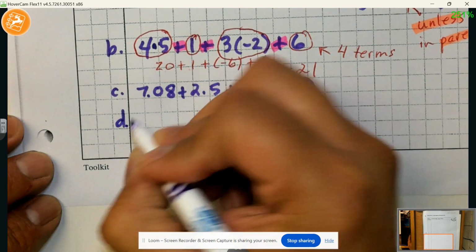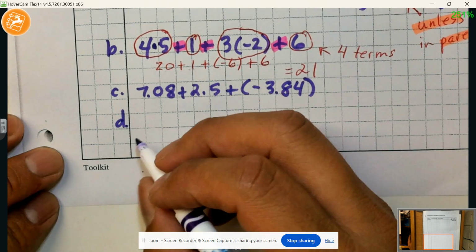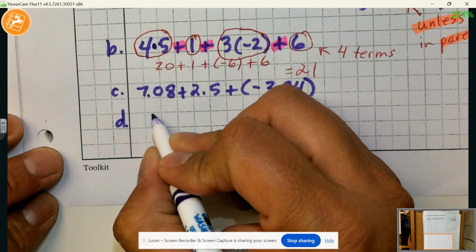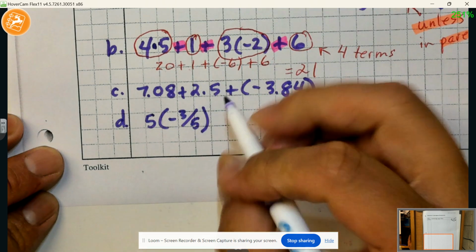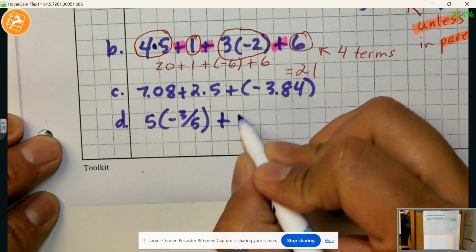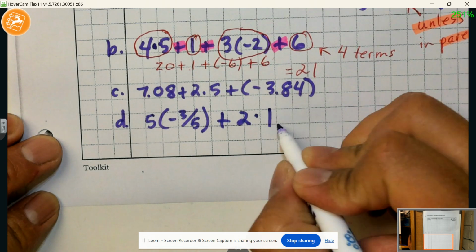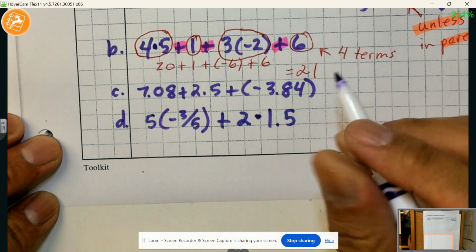Problem D, we have 5 times negative 3/5 plus 2 times 1.5.